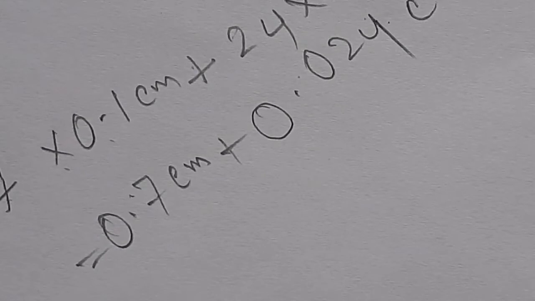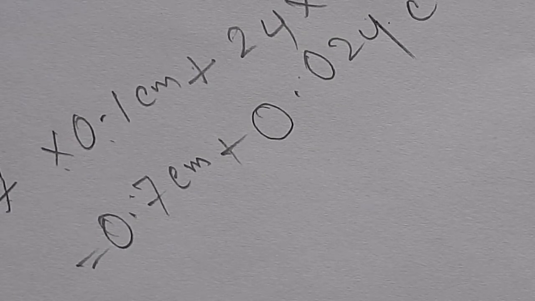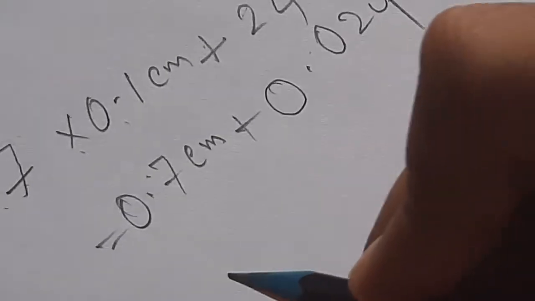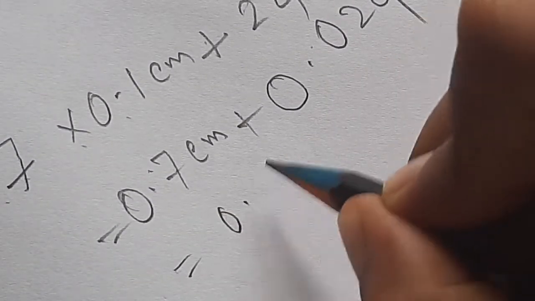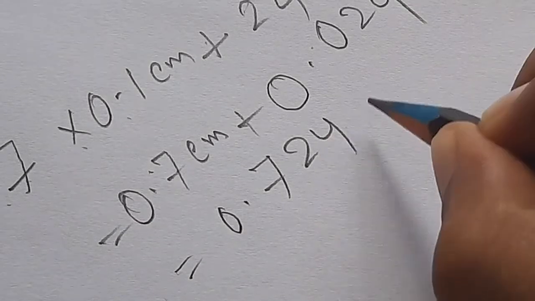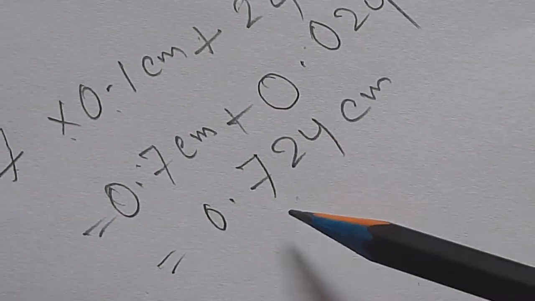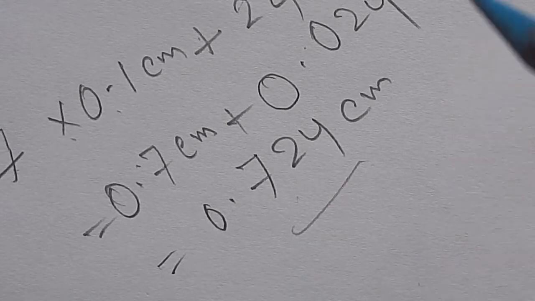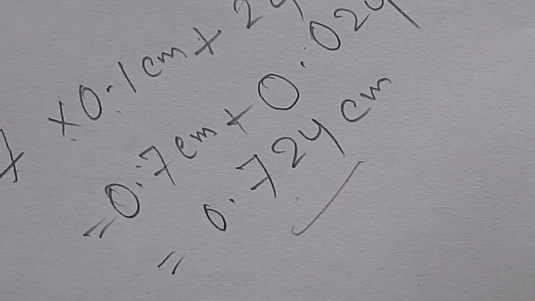Adding 0.7, it will come 0.724 centimeter. So this is the diameter of this cylinder.